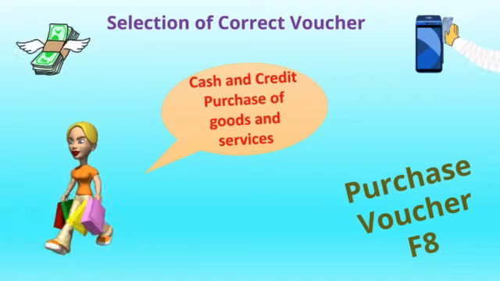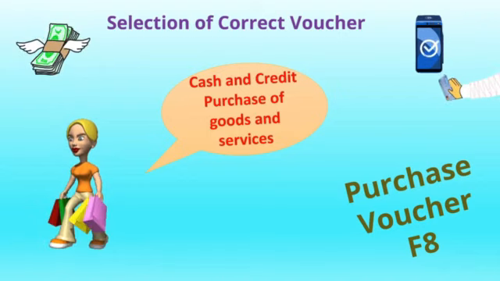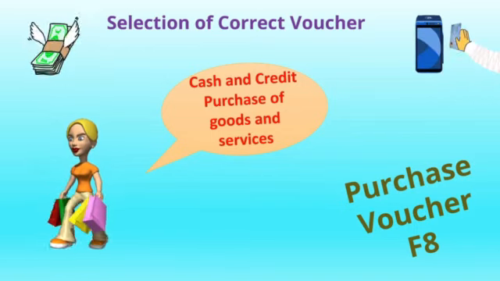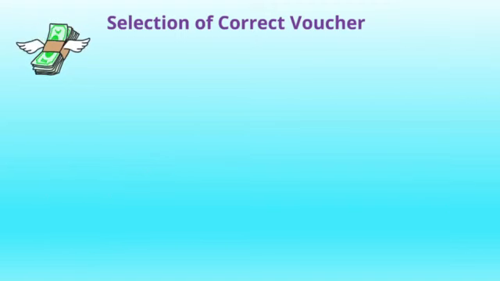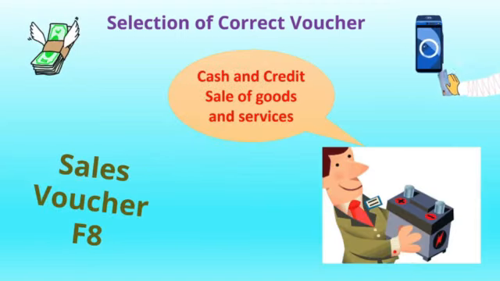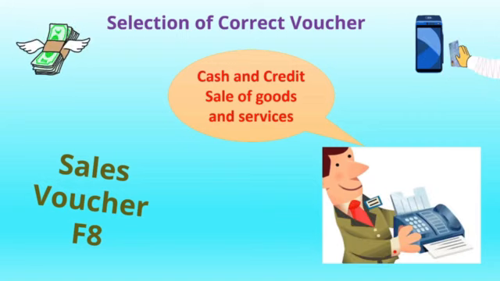But in manual accounting, we just post the entries without their type. Here, as per the transaction's nature, we are going to bifurcate them into different types of vouchers. So we have seen 6 types of vouchers. Purchase voucher, then sales voucher, where cash and credit sale of goods and services can be considered.